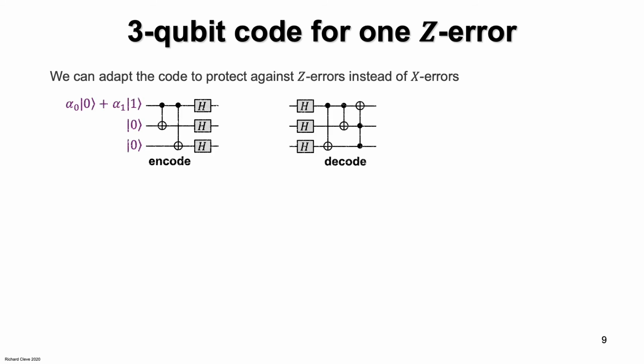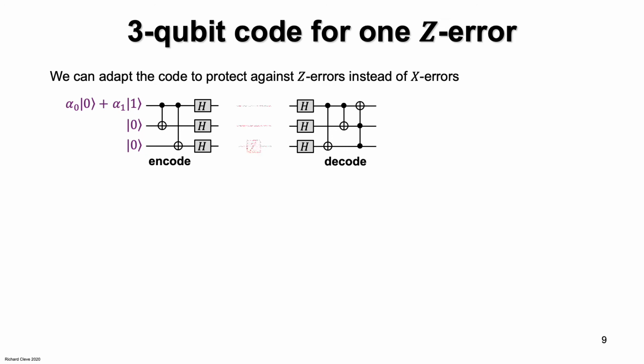Now, here's another 3-qubit code protecting against only Z errors. This code is essentially the same as the previous code for protecting against X errors, but with a layer of Hadamard gates added to the end of the encoding and the beginning of the decoding. What the Hadamards do is convert Z errors into X errors.